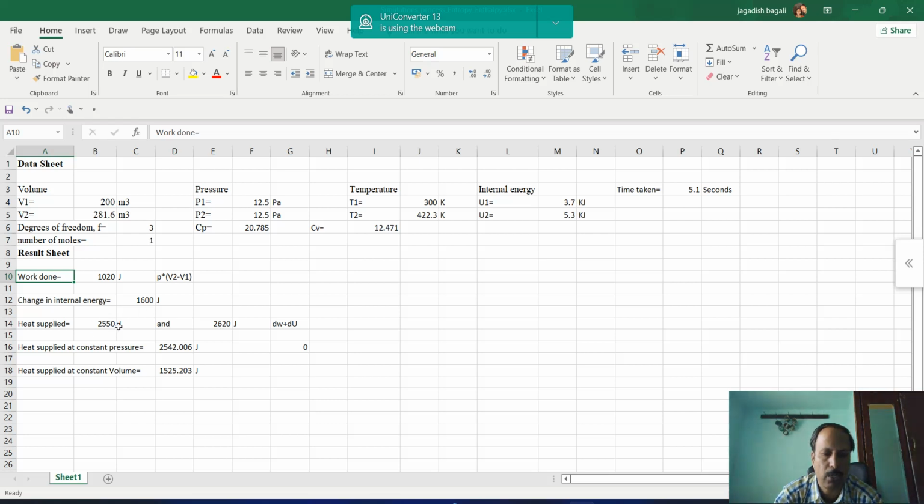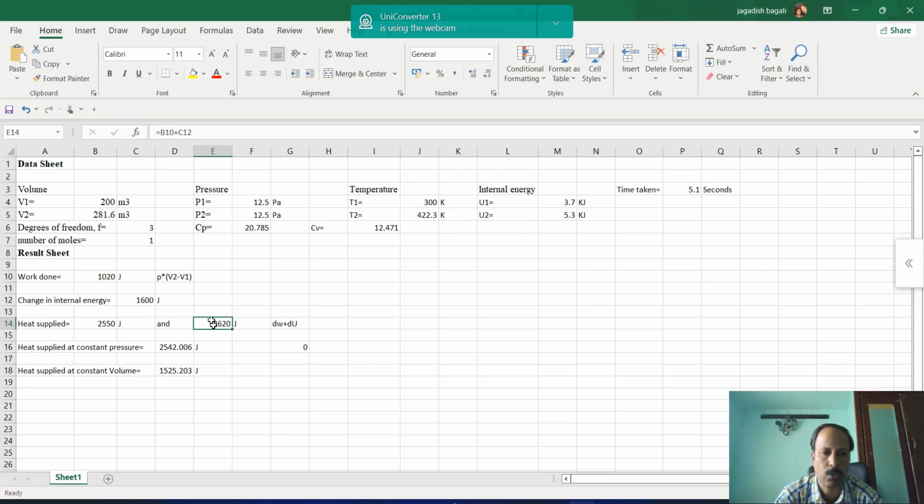This value I have calculated using the time duration and the capacity of the heat source. We know that the capacity of the heat source is 500 joules per second. The time duration is 5.1 seconds that I used here. So using the external data, I can find that heat supplied is 2550 joules.